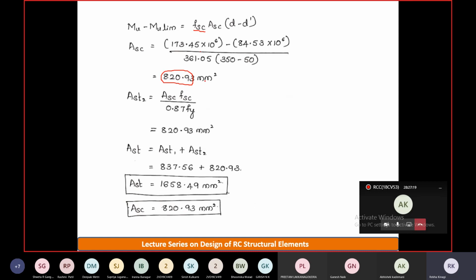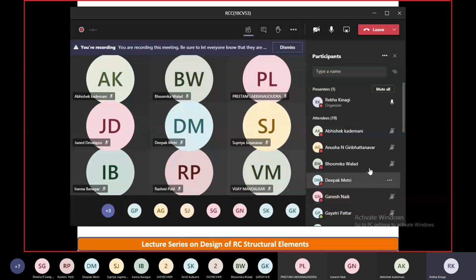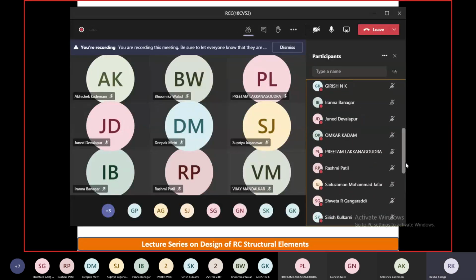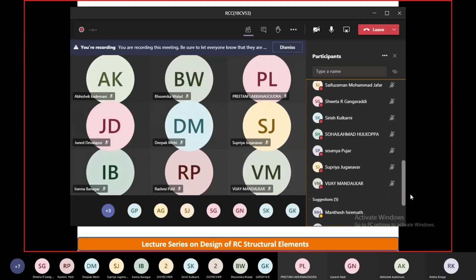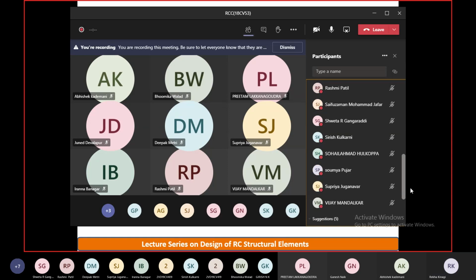Is this clear, everyone? Is this clear? Soumya, is it clear?